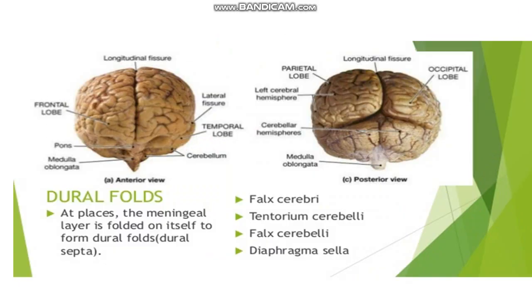Now let us see different parts of the brain, because in these parts the dural folds insert. First, this is the longitudinal fissure, which divides the cerebral hemisphere into two parts, left and right, the left cerebral hemisphere and the right cerebral hemisphere.